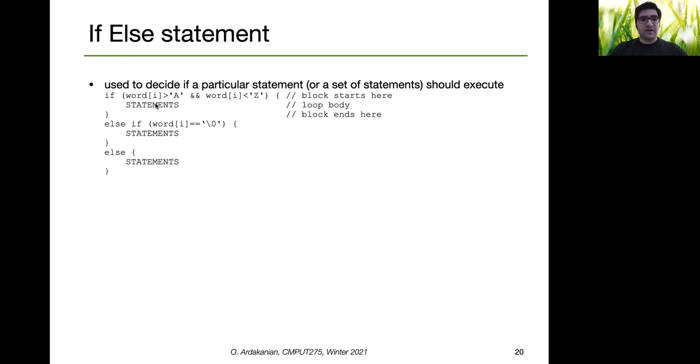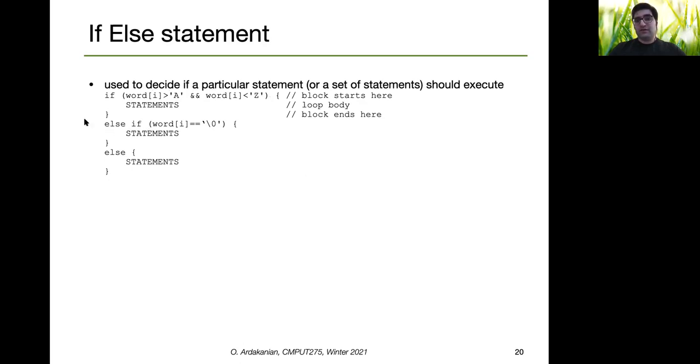So, for example, here I'm comparing a character, word I, with capital A. If it's greater than capital A, and this is the logical AND that you see here, and it's less than capital Z, then I run these statements. If this condition is not met, then I move on to the else section.